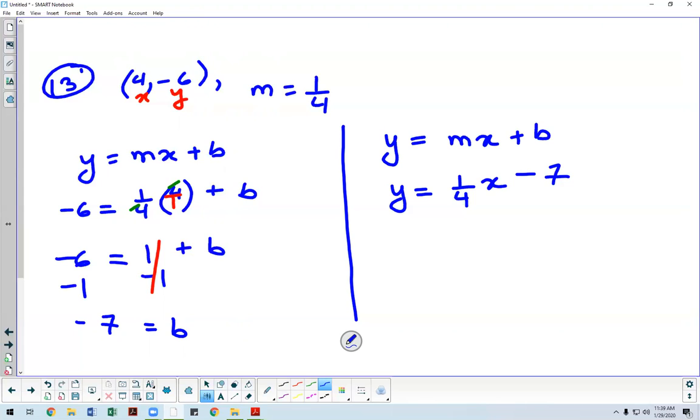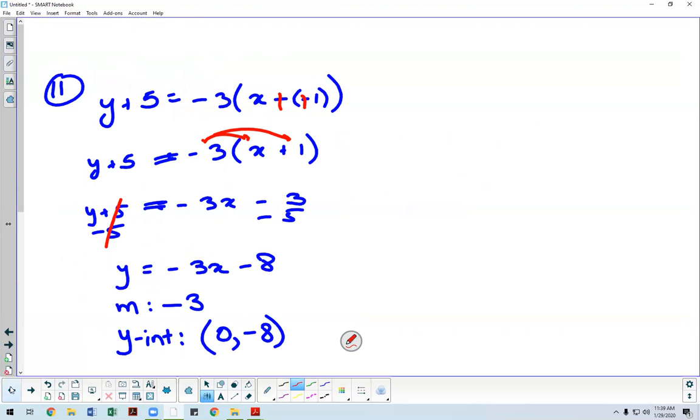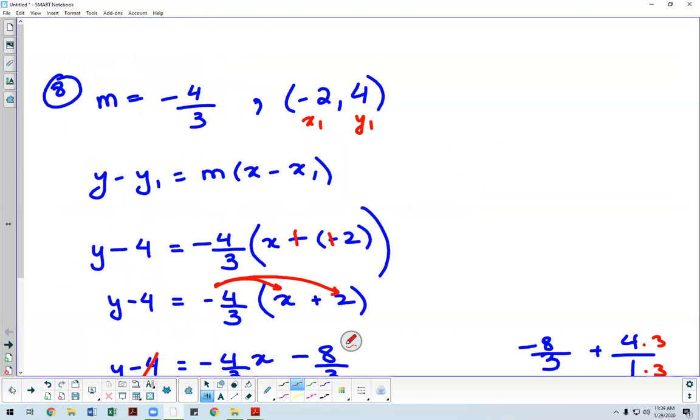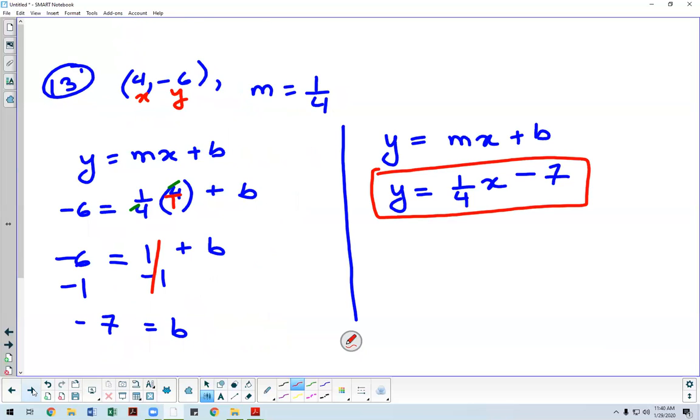That's your equation. And then like I mentioned, the other format would be using this equation, putting your x1 and y1 with the 4 and -6, and then of course your slope of 1/4. That would be the other way to go about doing this.